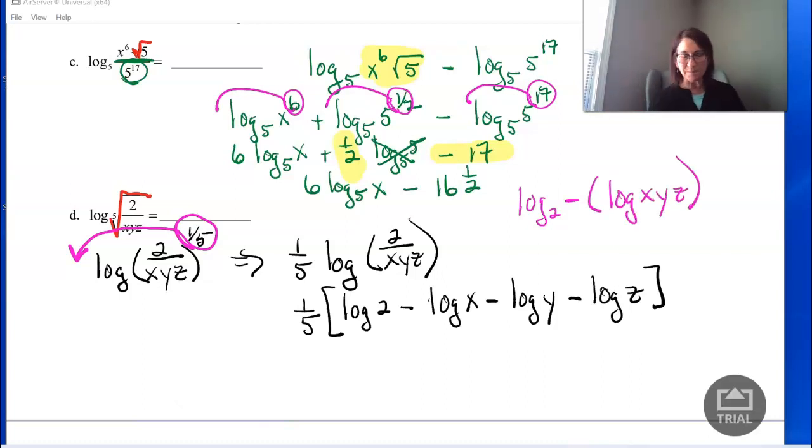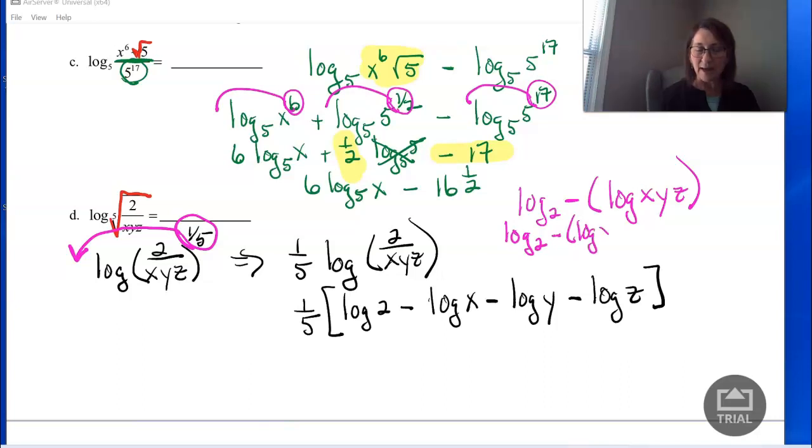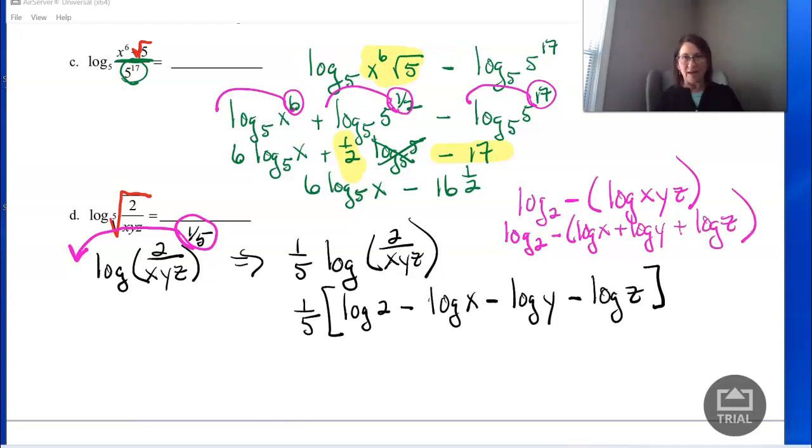Okay? Let's keep those parentheses there. So that'd be log base 2 minus, log x plus log y plus log z. Now when I distribute this minus sign, it's going to flip the sign of each of those logs inside of the parentheses. So you end up exactly with what I have written here.